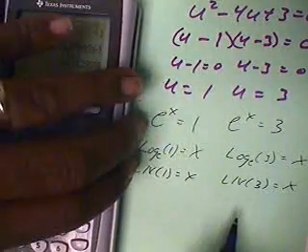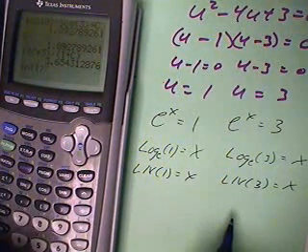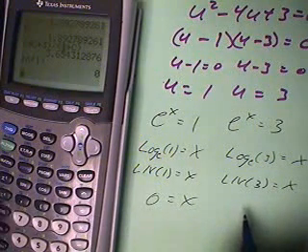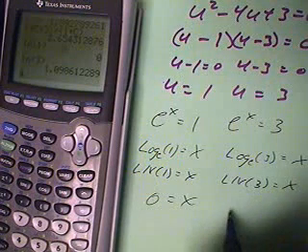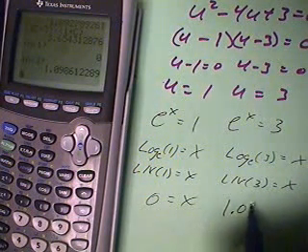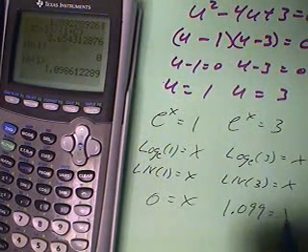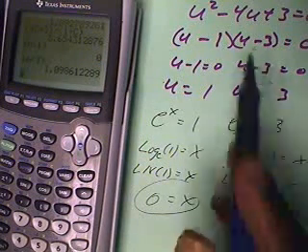The natural log of 1 will be 0, and the natural log of 3 will be 1.099. And both these answers solve x.